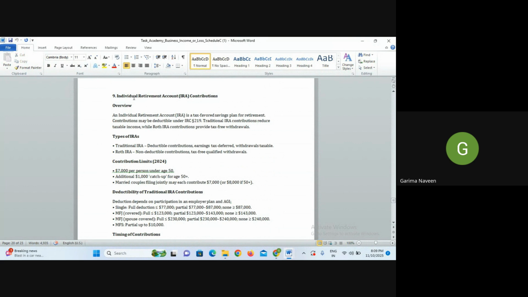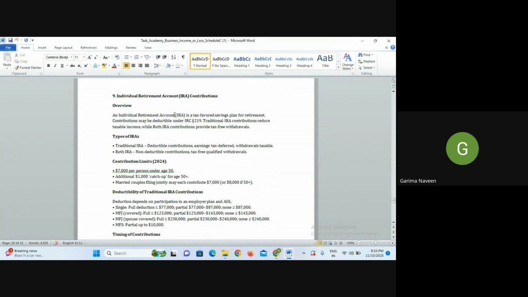But in regulation, it is also included because you can take your deduction if you are contributing to an IRA plan, and if you are receiving some distribution, then it is also taxable. So what is an IRA? IRAs are basically the retirement plans that can be taken by an individual, in order to have some retirement benefits.